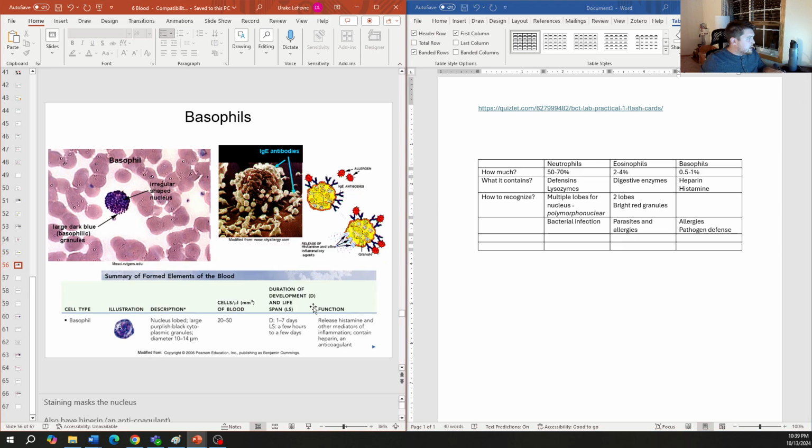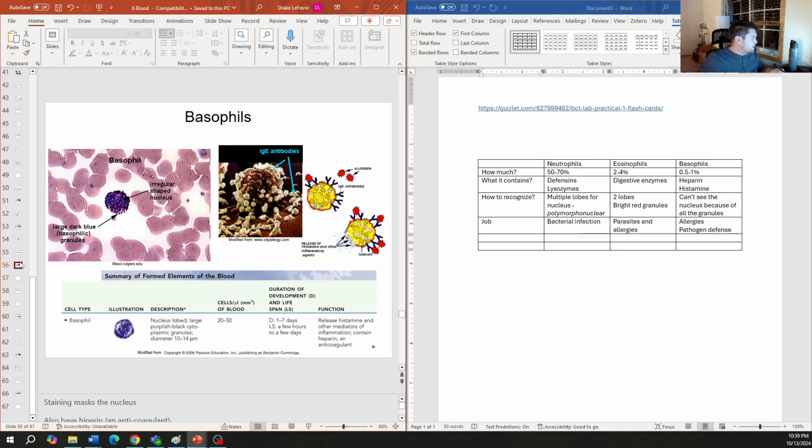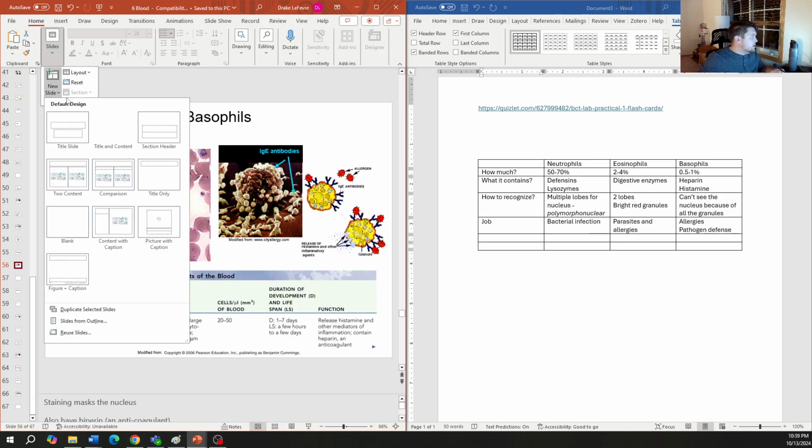Best way to recognize it, you can't even see the nucleus because of all the granules. There we have a bunch of stuff right there. Let's add this.